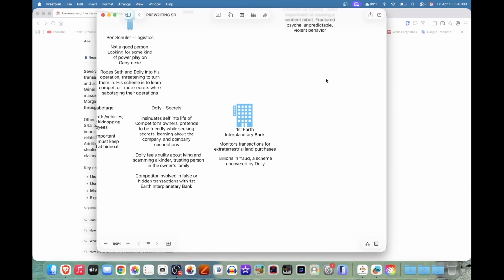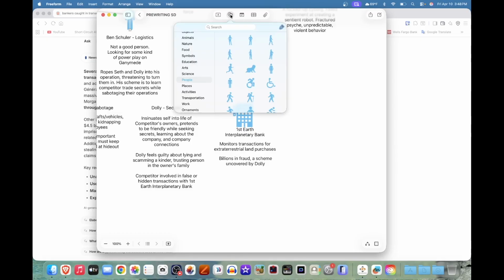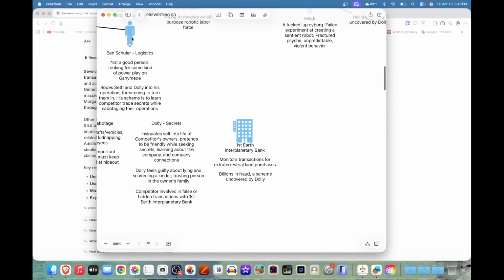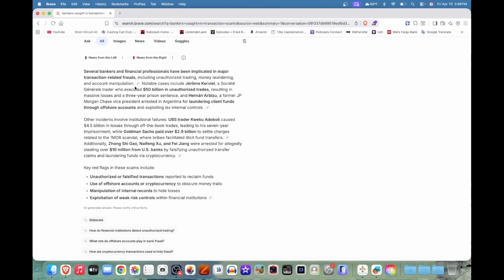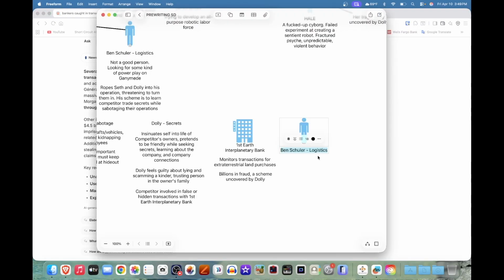Now that means we have to have a villain from the bank. Who will it be? Actually, let's do it this way. But who is this? Assistant General Trader. Massive losses, vice president. He could be a vice president. I don't know. We'll say vice president.